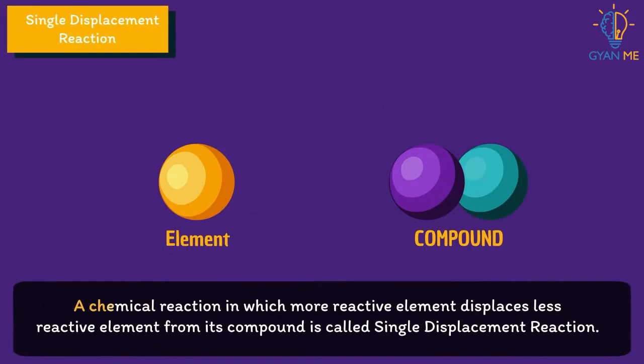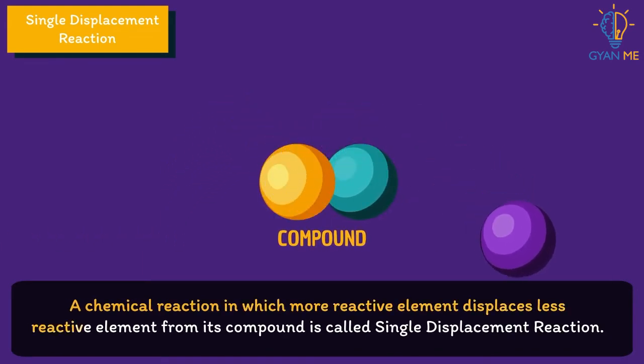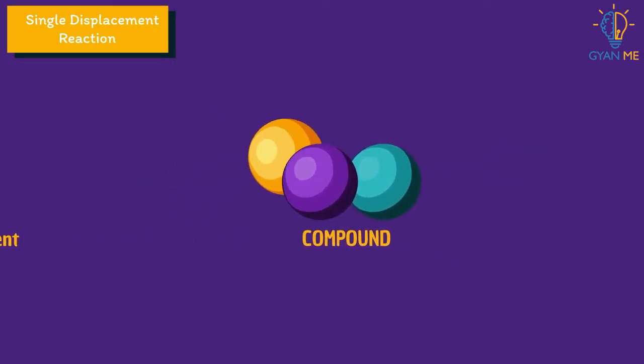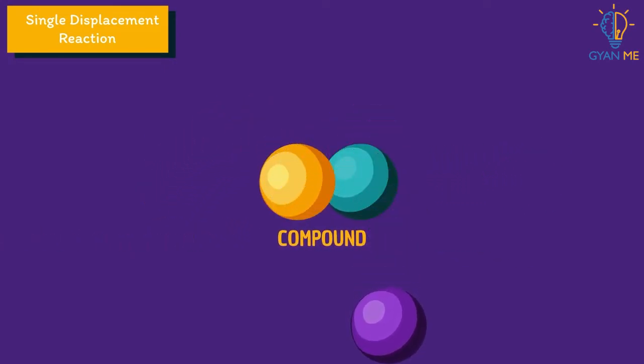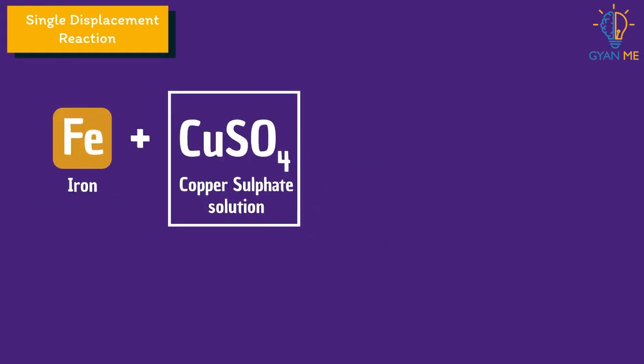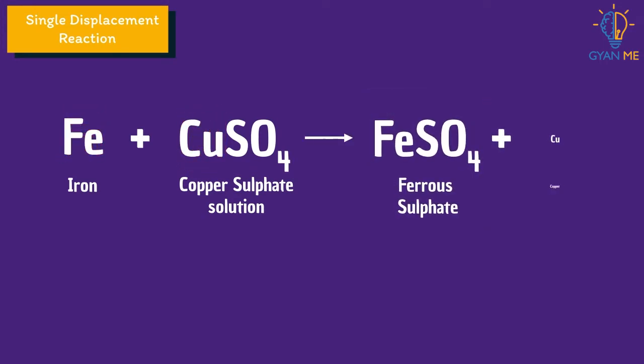A chemical reaction in which a more reactive element displaces a less reactive element from its compound is called a single displacement reaction. In other words, in a single displacement reaction, one single element replaces another element from its compound. For example, when iron reacts with copper sulfate solution, it displaces copper from its compound and forms ferrous sulfate and copper.